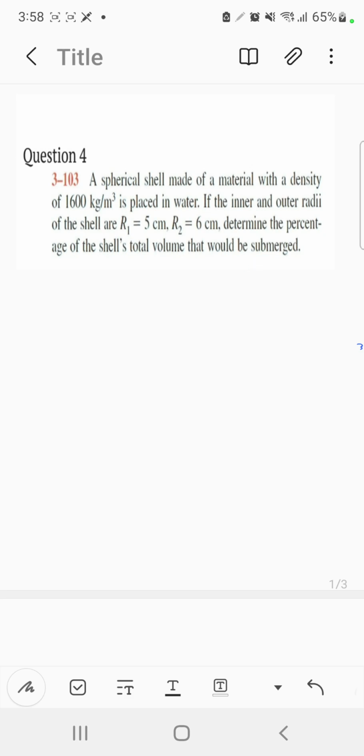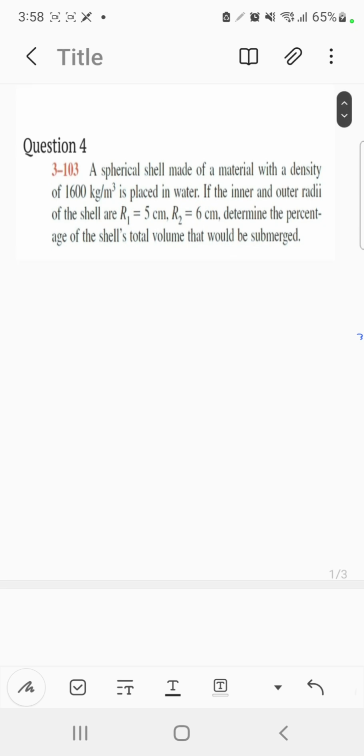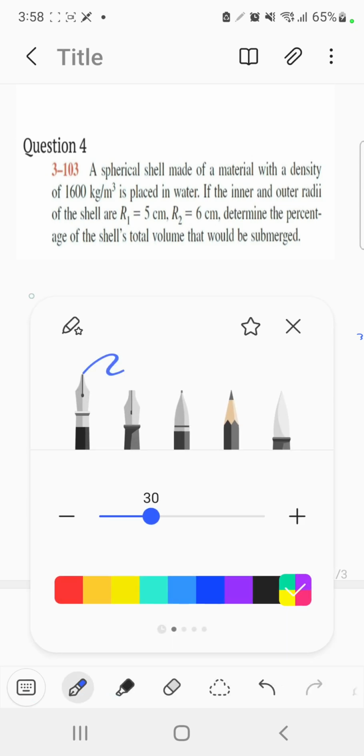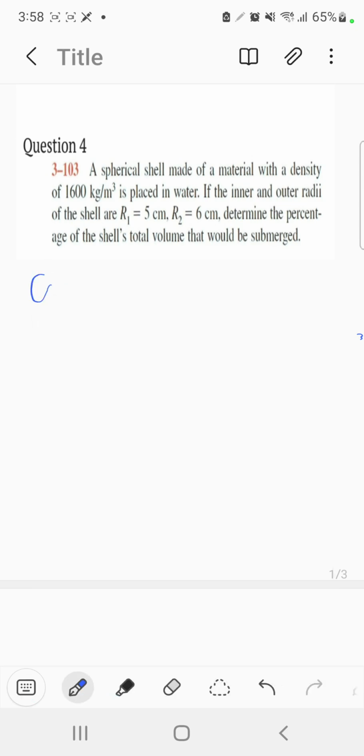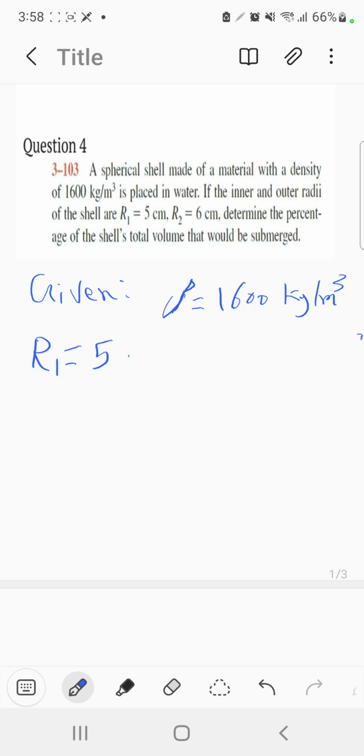So first of all, I have to write the given things. We have rho, which is already given, 1600 kilogram per cubic meter, and we have R1, which is 5 centimeter, and R2, which is 6 centimeter.